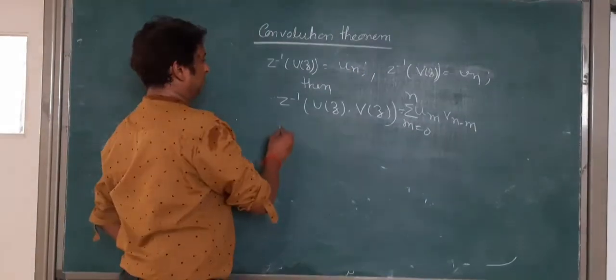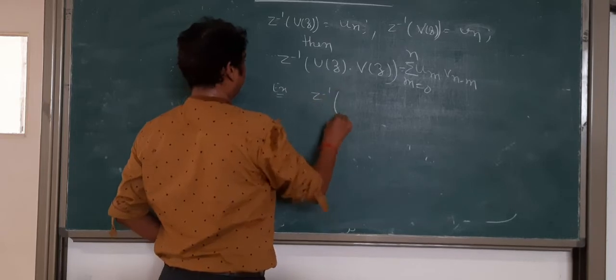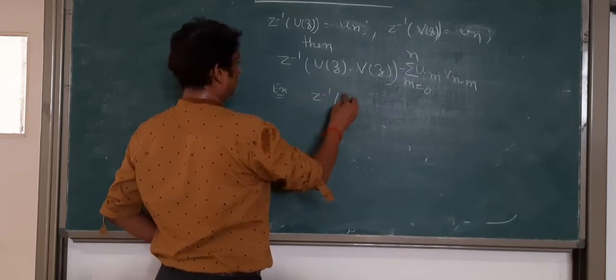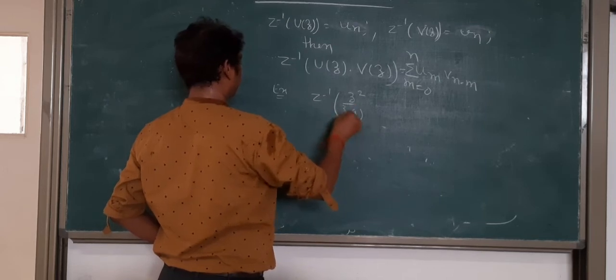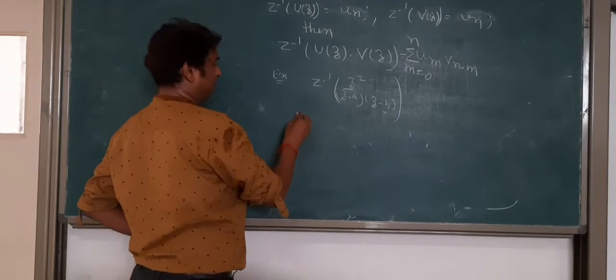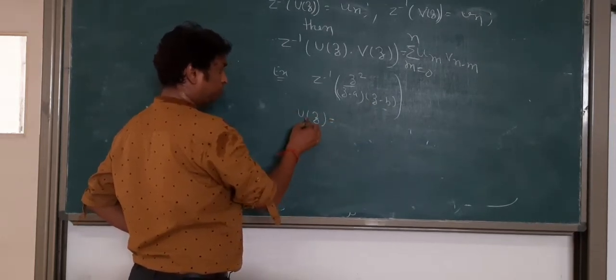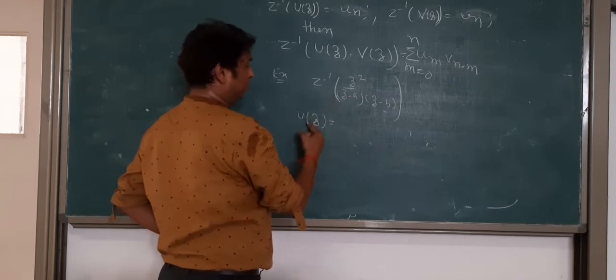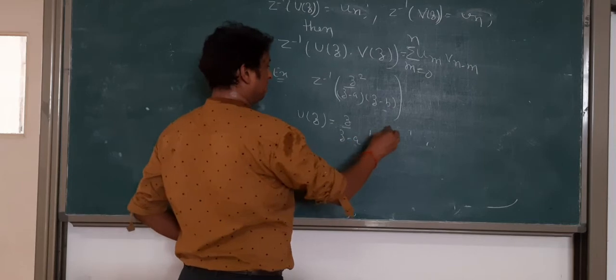We take one example. How do we calculate it? As usual, as you did in Laplace transform, we take U(z) as z upon z minus a.